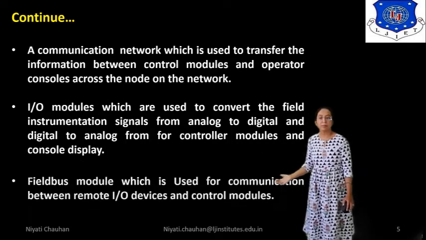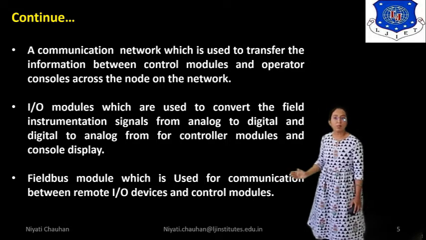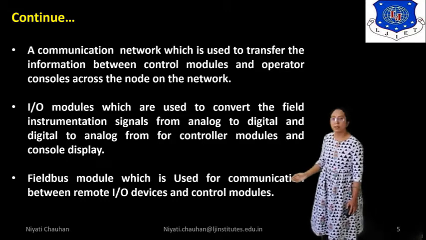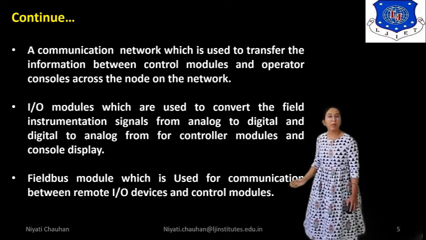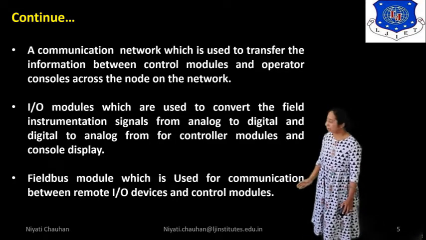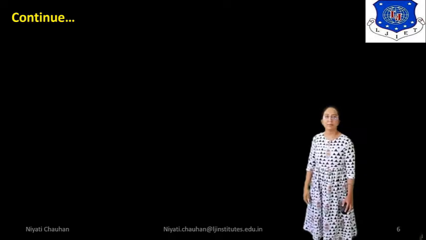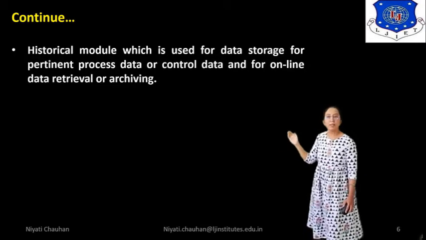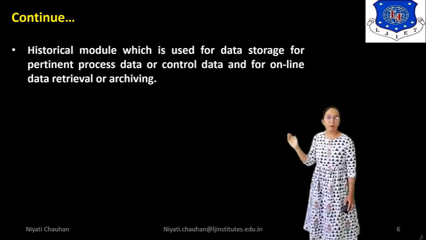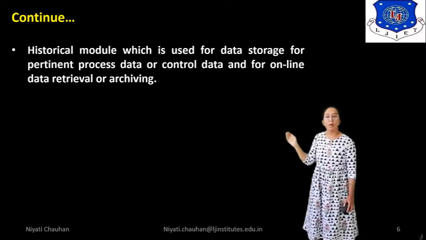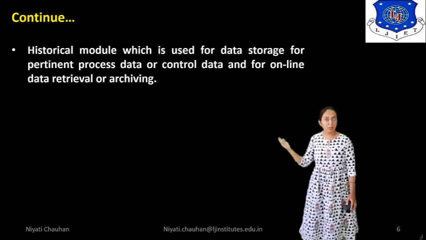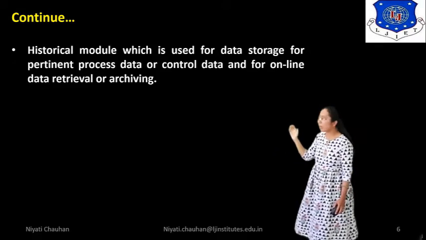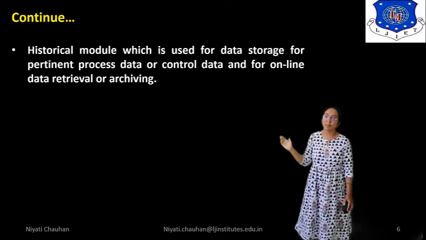Next, the field buses module, which is used for communication between remote input-output devices and control modules. Historical module, which is used for data storage of pertinent process data or control data and for online data retrieval or archiving.